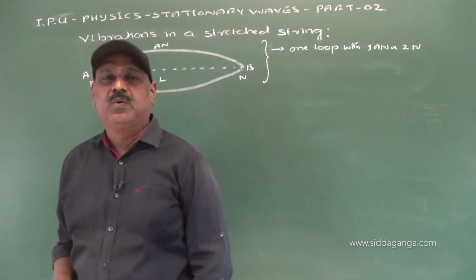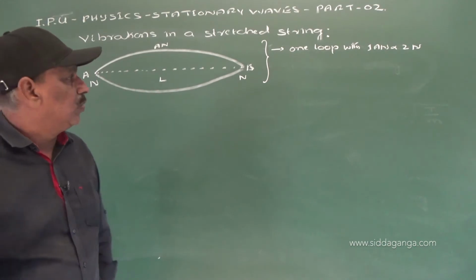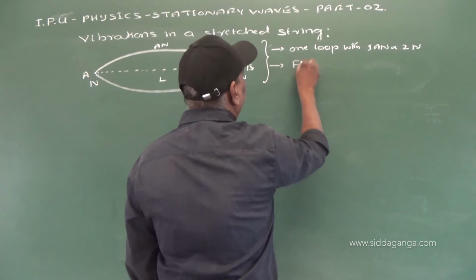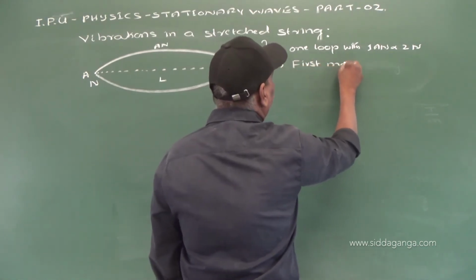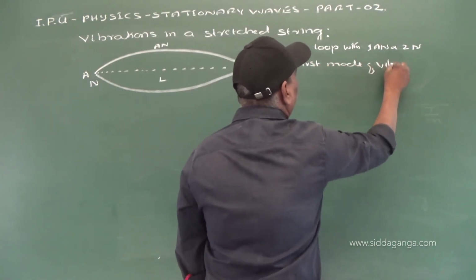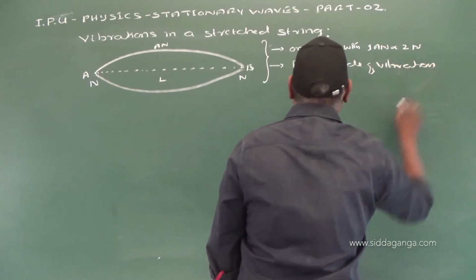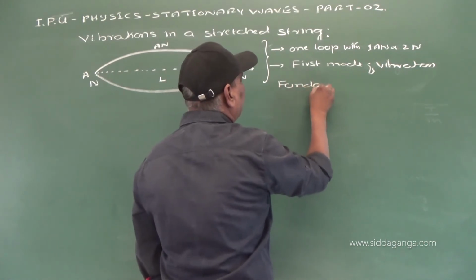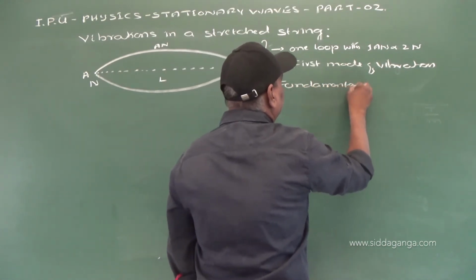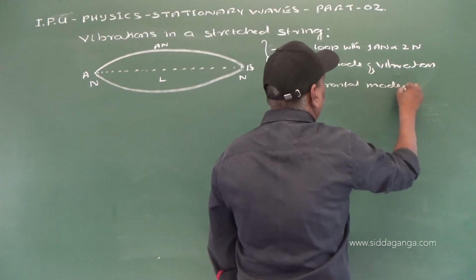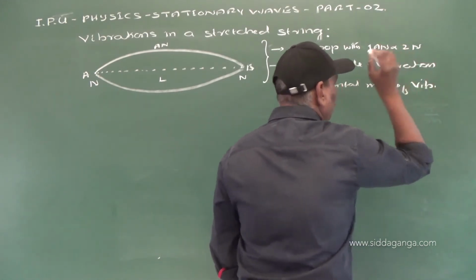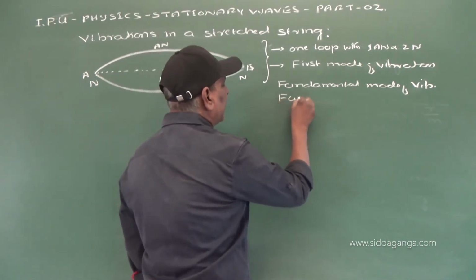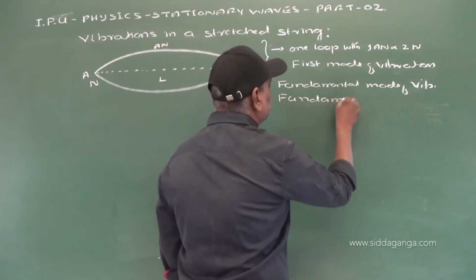Now this mode of vibration is called the first mode of vibration, and it is also called the fundamental mode of vibration, and the corresponding frequency is called the fundamental frequency.